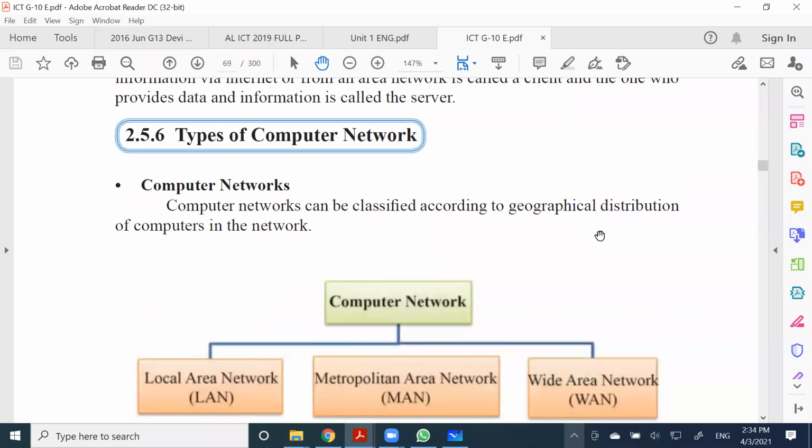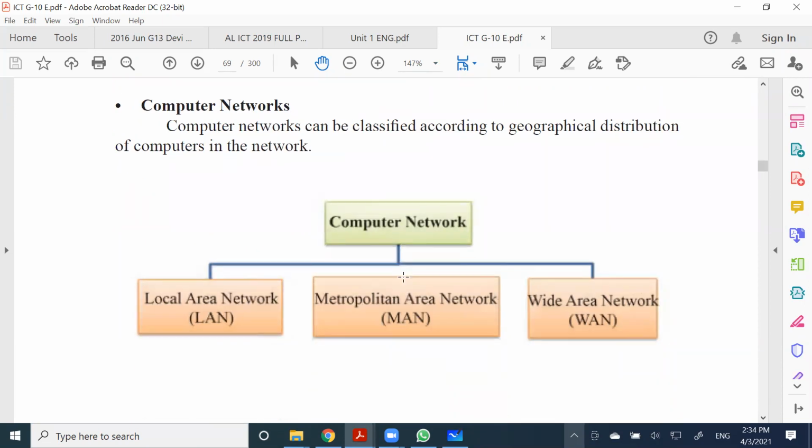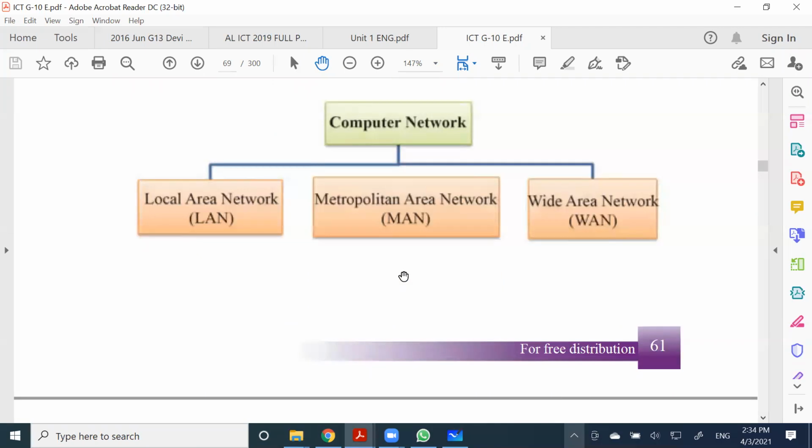There are different types, but majorly we are talking about three: LAN, MAN, and WAN. LAN stands for local area network, metropolitan area network is called MAN, and wide area network is called WAN.